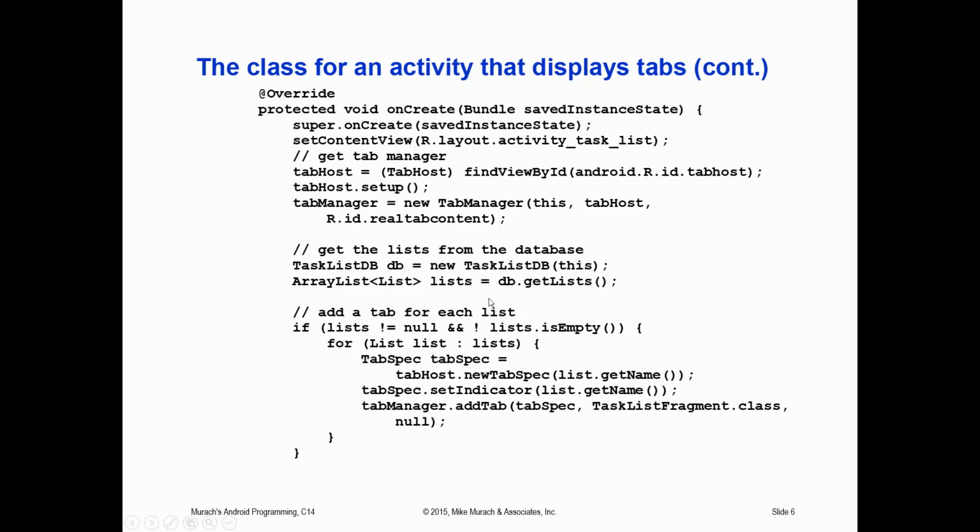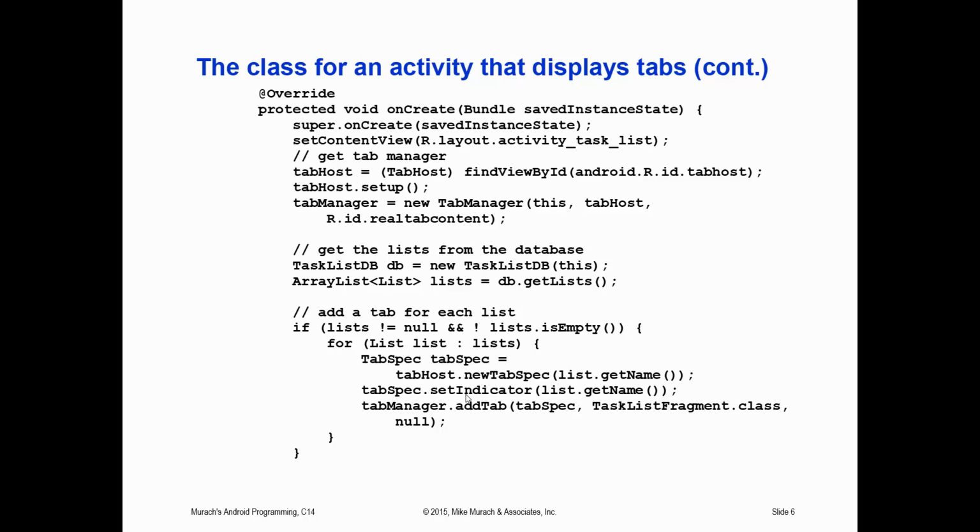Then it calls the getList method from this object to get an array list of objects. Then it has to check to see if there's one or more list objects, and if there is, it's going to loop its way through here and display the name of each list on the tab.